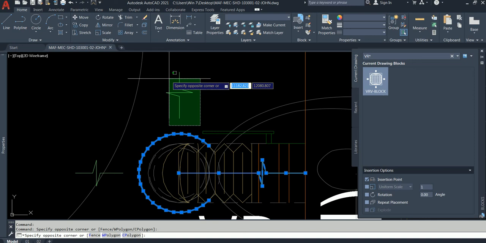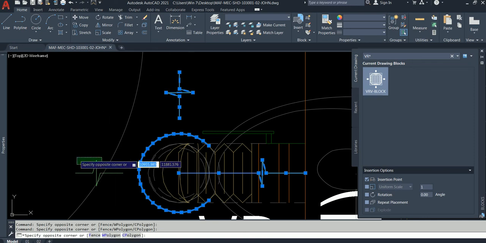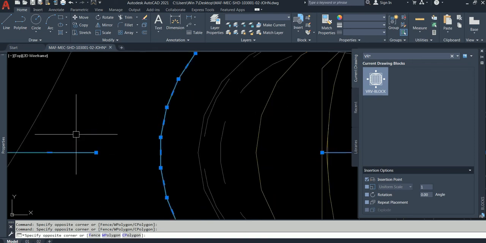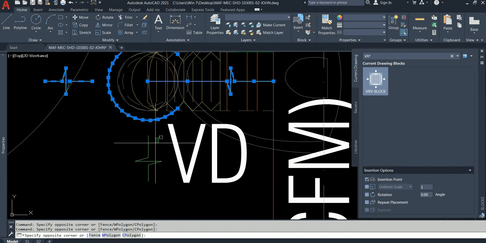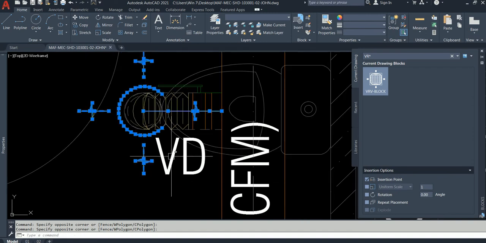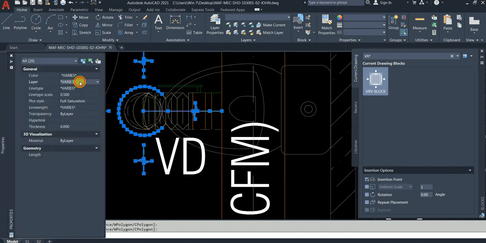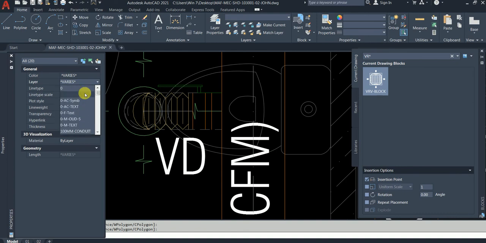Create a block now. Good practice, create it in layer 0.